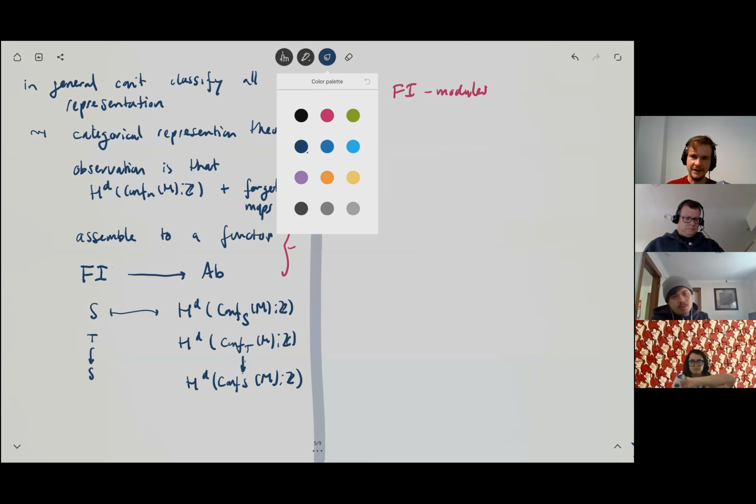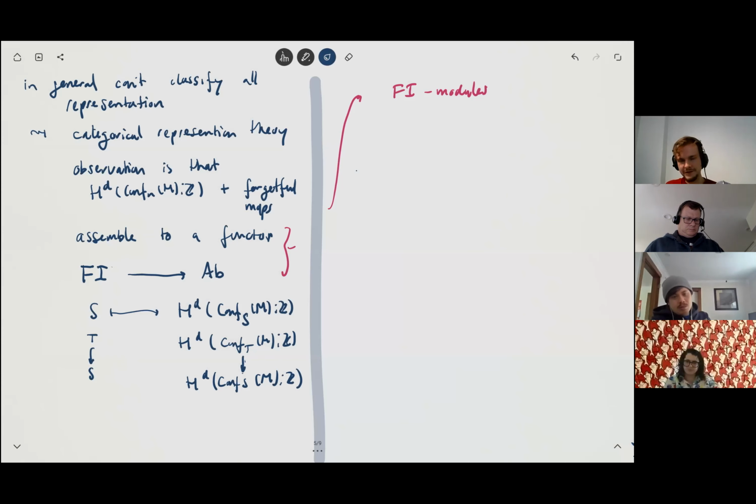And just like we were looking at sigma n modules before, now we're looking at FI-modules. And one way of rephrasing representation stability in a way that makes sense also for integral coefficients is to say that these are finitely generated FI-modules.